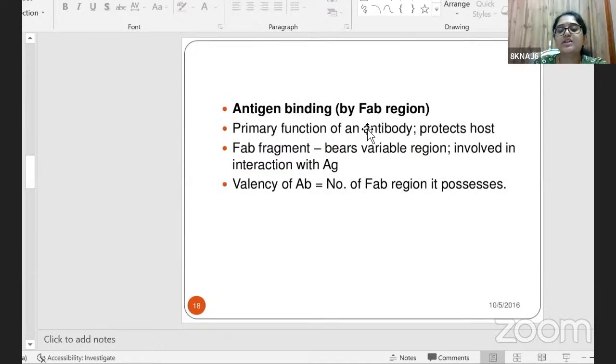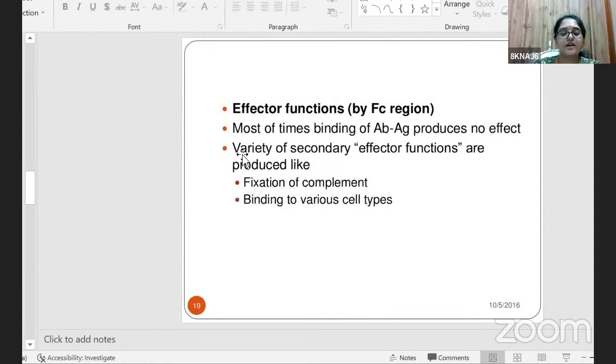So again, the antigen binding region is known as the FAB region. Its primary function is to protect the host. This bears a variable region involved in the interaction with the antigens. And again, the valency of the antibody is the number of FAB regions it possesses. So effector function is because of the FC region, which is the constant or the fragment of crystallizable.